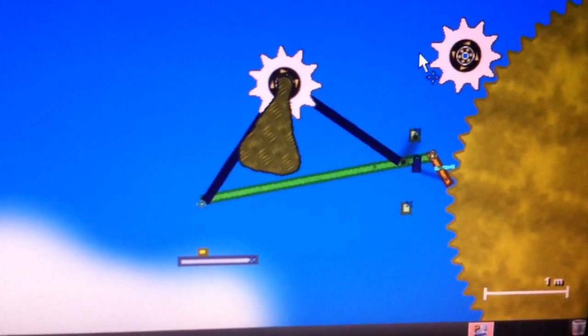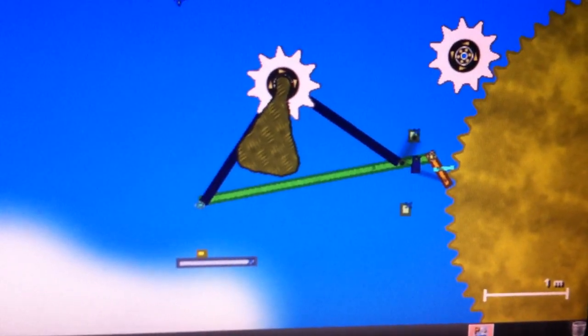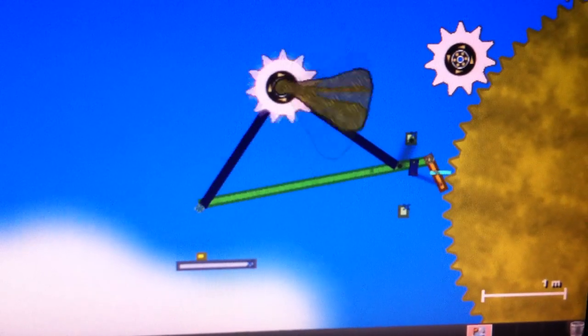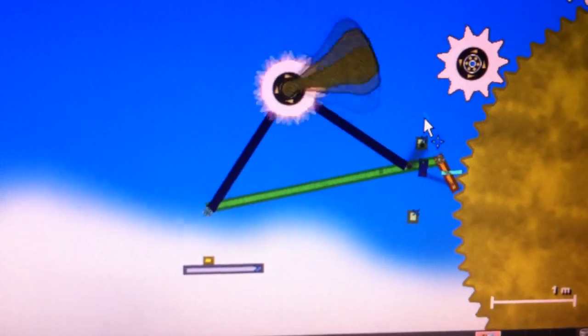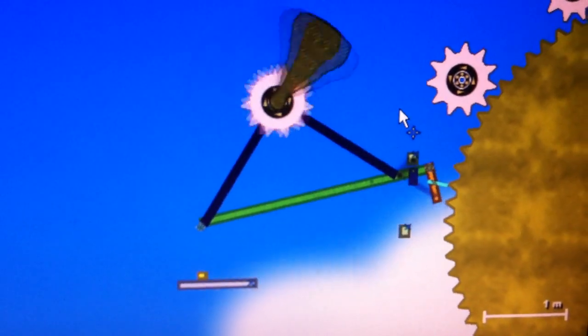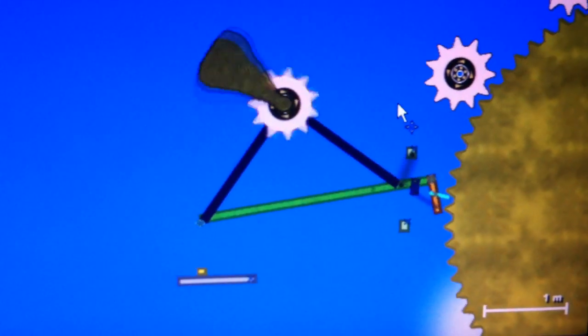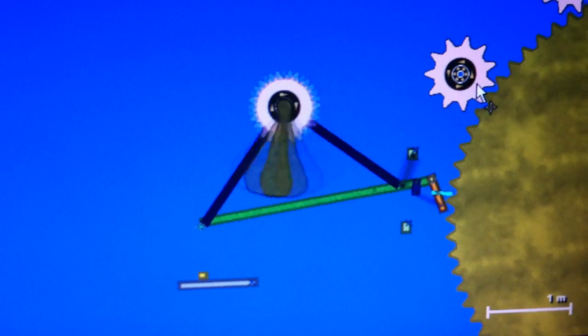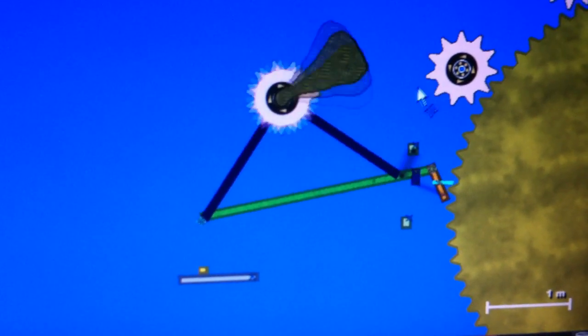So this simulation is simply paused. I'll just start it. So this basically picks up where we left off, showing that this indeed is Overunity because it's spinning this gear backwards, even though these are on the same strength.